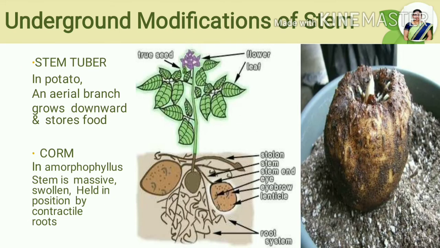This is again stem tuber and corm, another underground modification of stem. Stem tuber is found in potato, where the aerial branch grows downward and stores food. Corm, as in case of Amorphophallus, stem is massive, swollen, held in position by contractile roots.